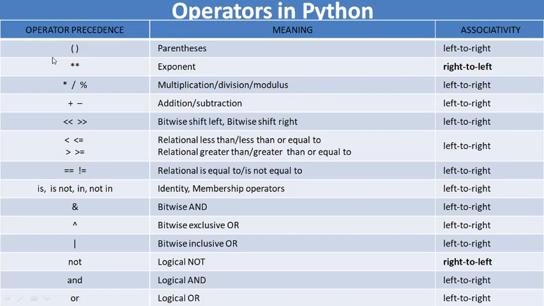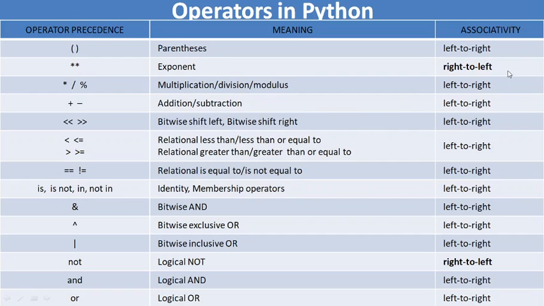First precedence is of the parenthesis sign, and the associativity is left to right. If a mathematical expression is there, you have to evaluate parentheses first, then after that you have to evaluate the exponent operator.